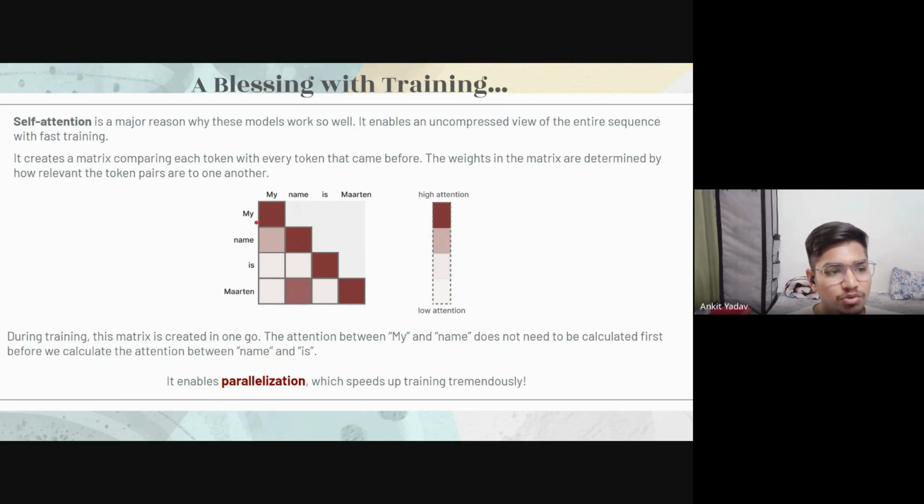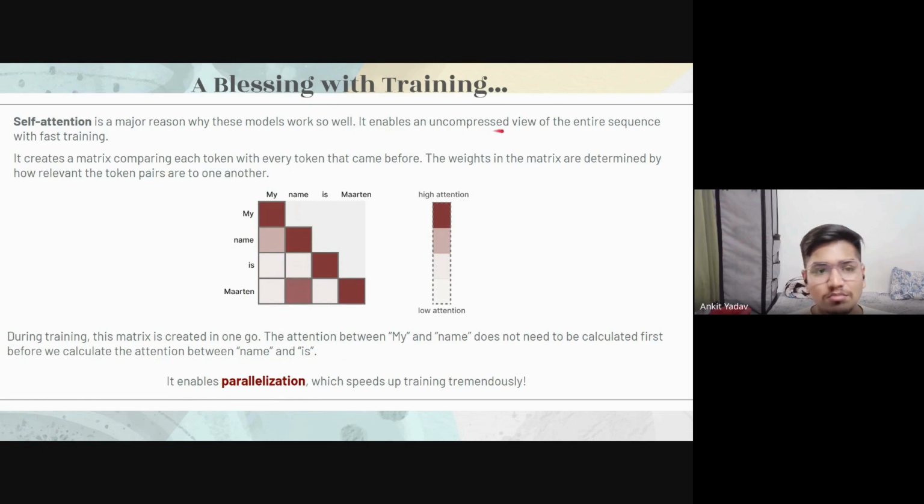I don't have to compute one attention first; I can compute them in parallel, which is done through the multi-head attention, and this boosts the training of the transformer. So this parallelization is speeding up the training of the transformer.